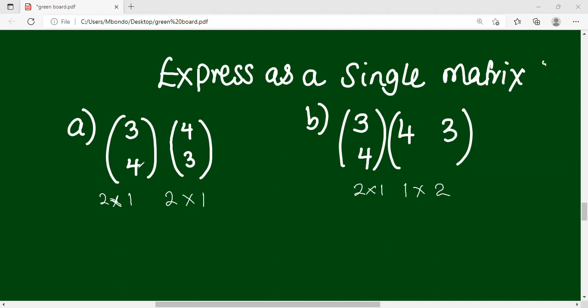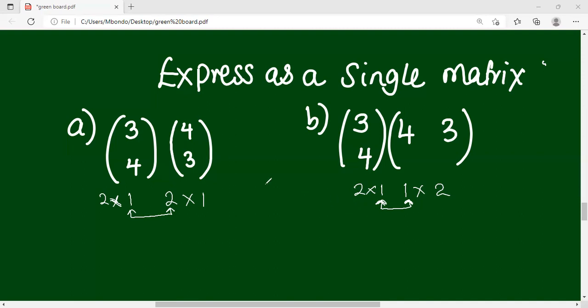For the two matrices to be multiplied, these two numbers here must be equal. The number of columns in the first matrix must be equal to the number of rows in the second matrix. If they are not the same, it means the two matrices cannot be multiplied, all right? That is what I tell my learners. I don't know, how do you do it? Is my explanation wrong? That is subject to your comments.